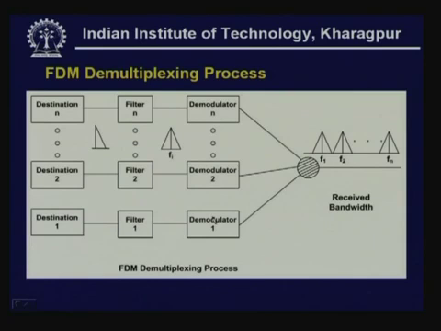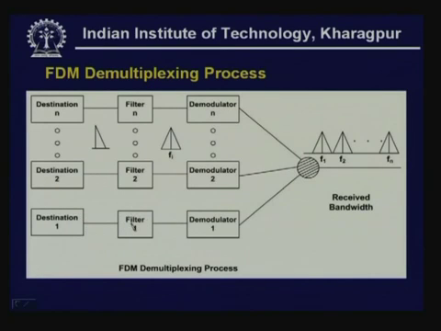Demodulation is nothing but some kind of filtering, and here the individual filters are essentially band pass filters having central frequencies F1 in this case, F2 in this case, Fn in this case. So, you can see these are the filters, and after this demodulation and filtering, these signals can be sent.